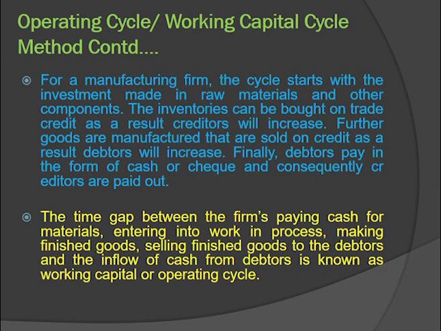The time gap between the firm paying cash for the purchase of raw materials, entering into work in progress, making finished goods for sale, and converting them into cash when sold to the customers or the debtors, automatically takes some time.